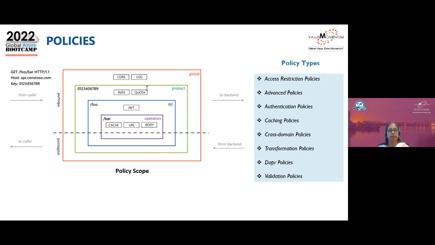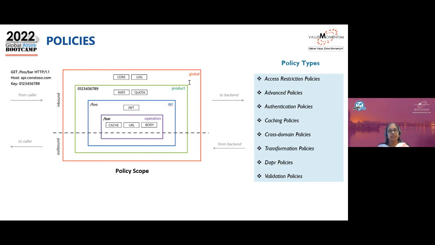Then for advanced policies, we have the control flow policy and return response policy, which we can add to see whether we are getting the proper response while we are sending the request, which we can validate through the advanced policies. Similarly, authentication policies we can have, either authentication with basic or authentication with client certificate.